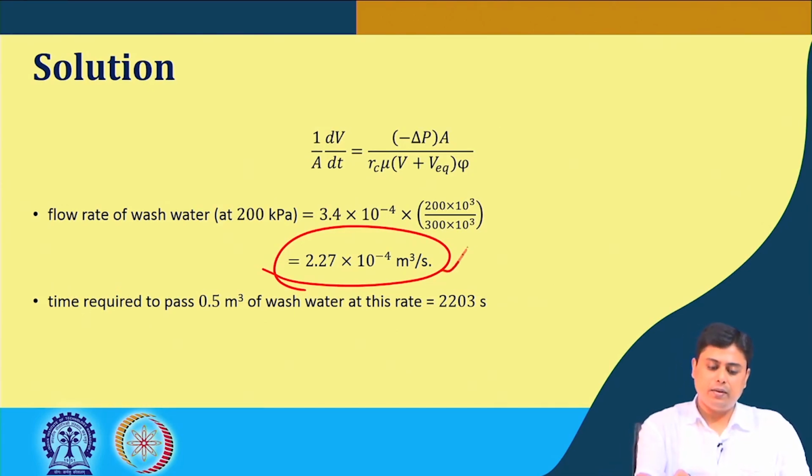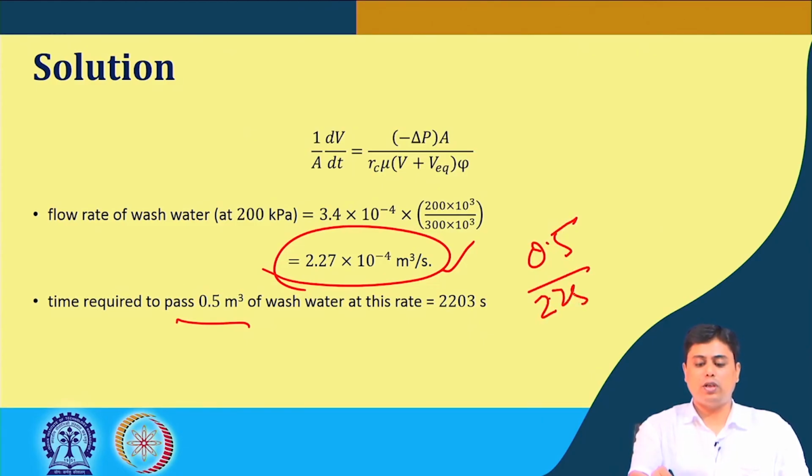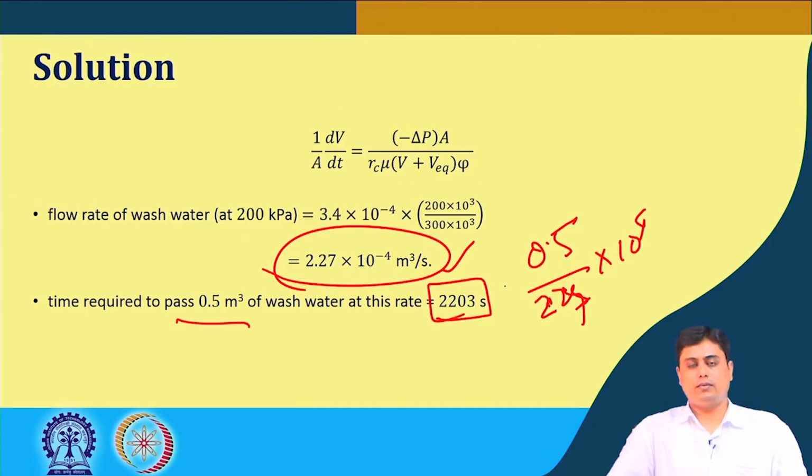With this rate, to process 0.5 meter cube of wash water, the time required is again 0.5 divided by 2.27 into 10 to the power minus 4 seconds, which is 2203 seconds. This is the final answer.